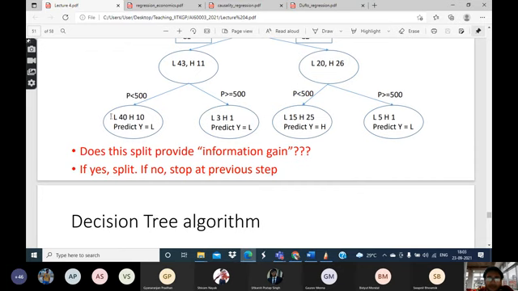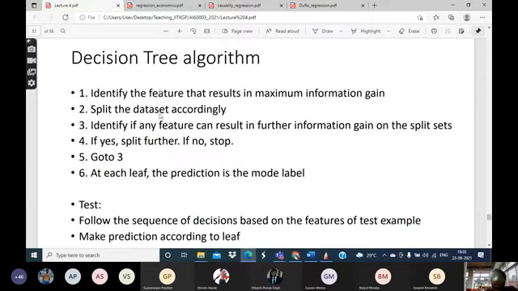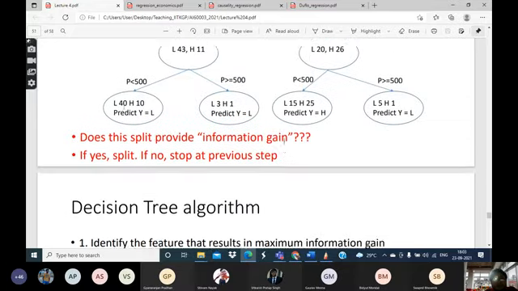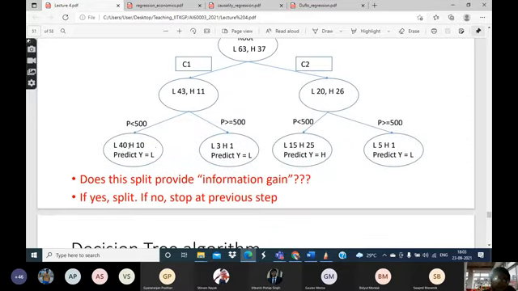In each leaf node a number of examples exist, and these examples will of course have different class labels. So what will you do? You will select whichever is the mode label. What is the mode label? Here you can see that there are 50 examples, each of which has a label. For 40 of them, the label is low rating.